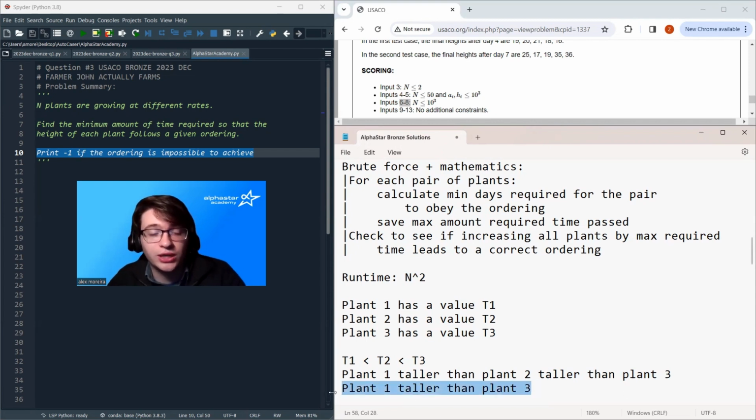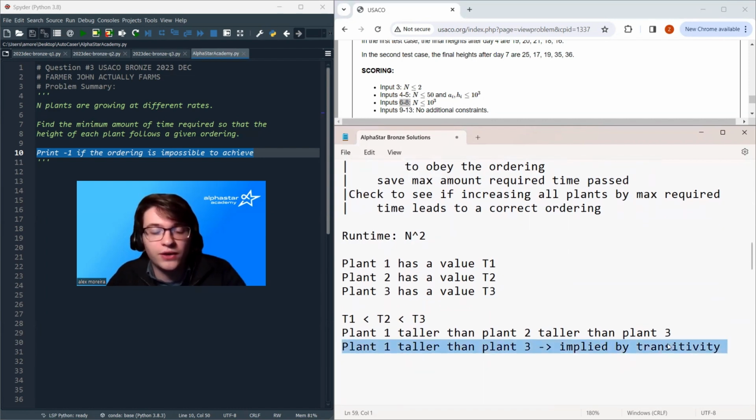I don't have to check this pair of plants because I already know that plant 1 is taller than plant 2, and I know that plant 2 is taller than plant 3. So then I don't need to check that plant 1 is taller than plant 3. That's implied by the transitive property, right? So implied by transitivity. So if I don't need to check this pair, that saves me a step.